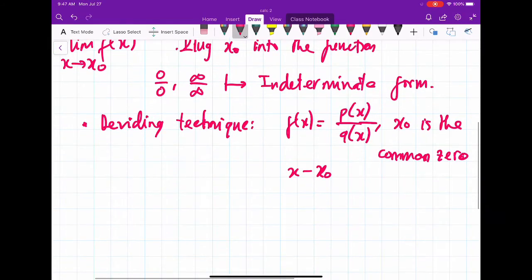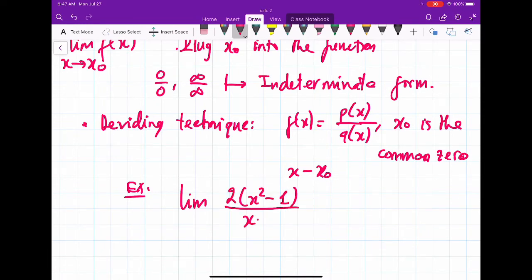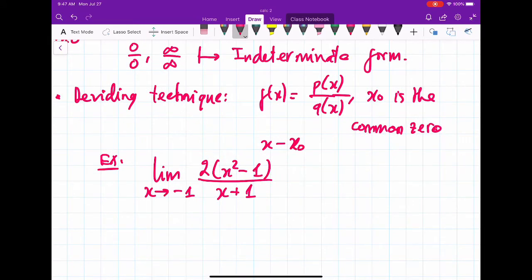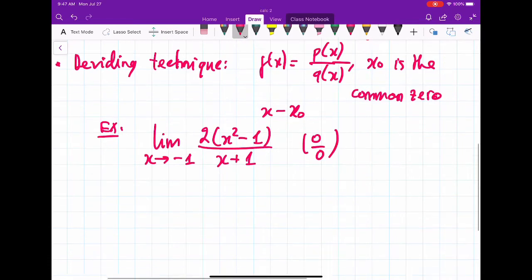Like if you have the function 2x squared minus 1 over x plus 1, let's say, when x approaches negative 1, okay? So when you plug negative 1 into the function, you got 0 over 0. So negative 1 is a common 0. You can factor the top.